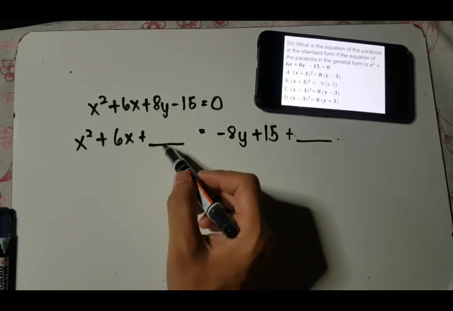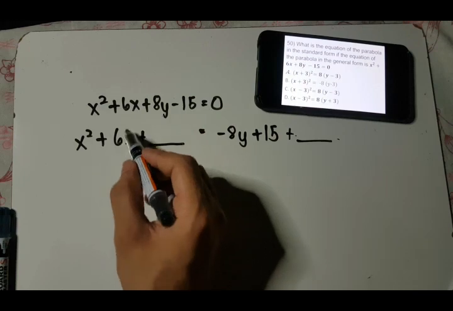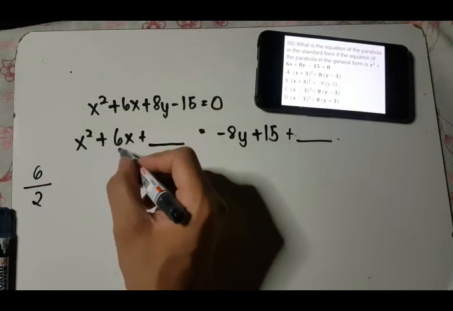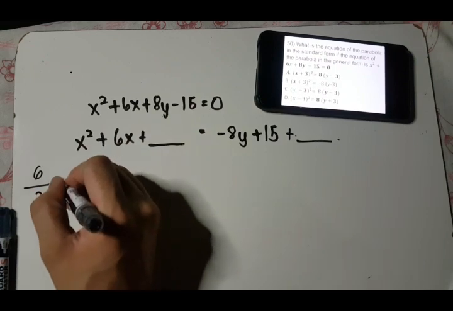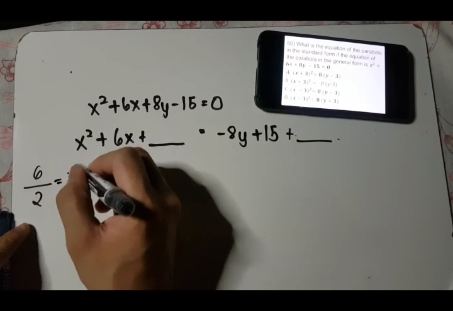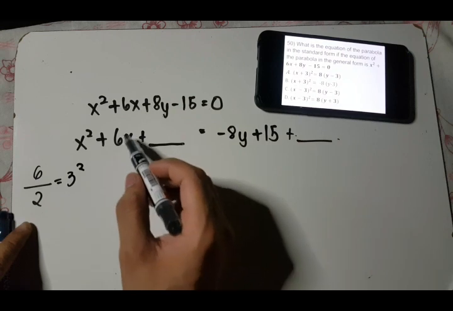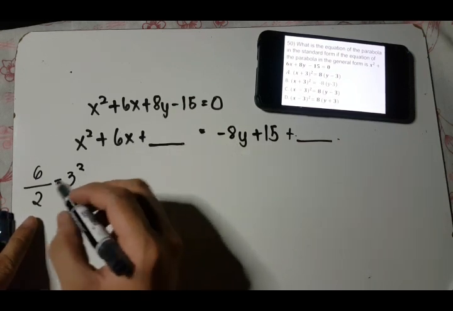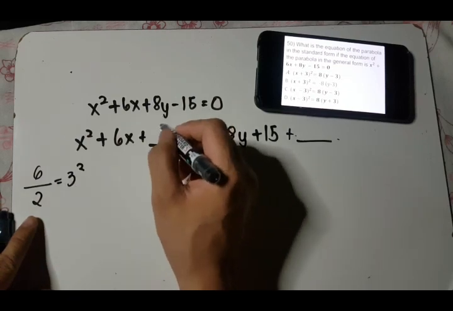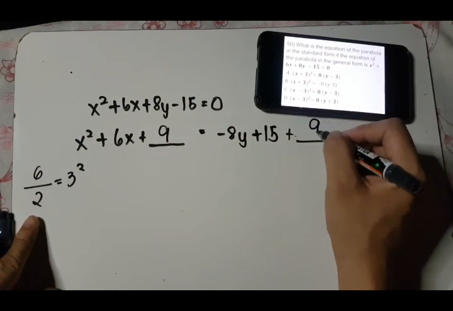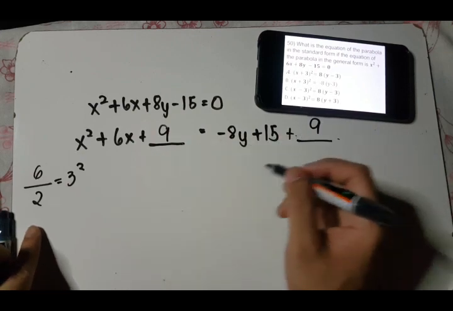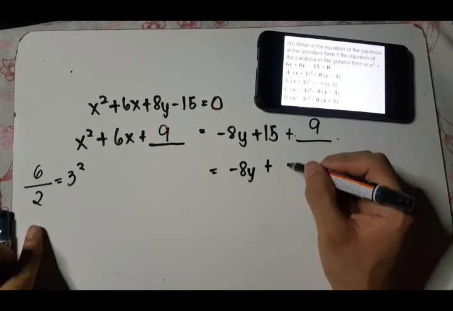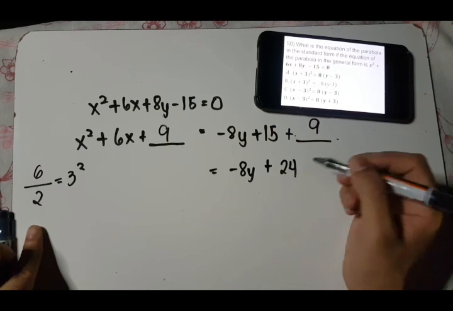Paano pong gagawin natin dito sa blank natin? Itong value na to, yung b natin, divide by 2, so 6 over 2 is 3, then square nyo po siya, so 9. Both sides nyo po siyang i-add. So, negative 8y plus 15 plus 9 is 24.